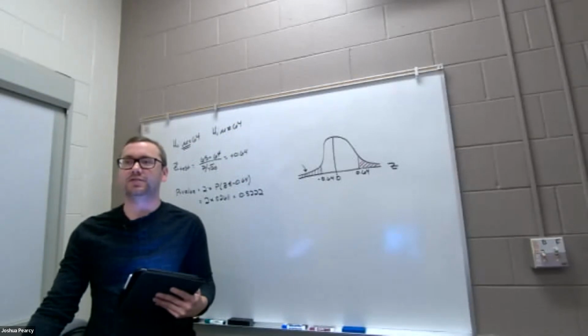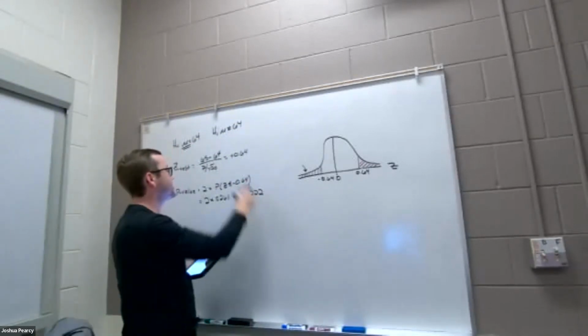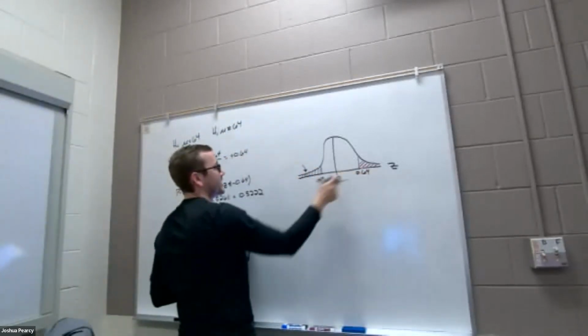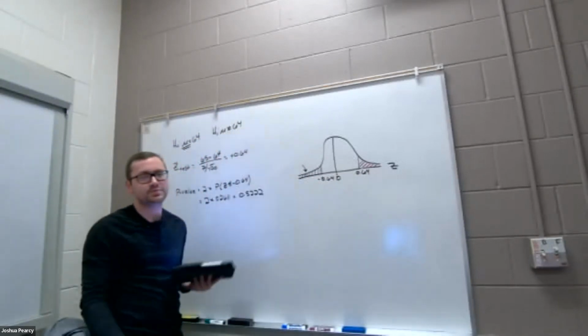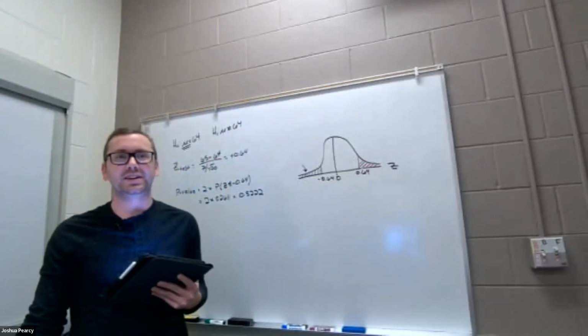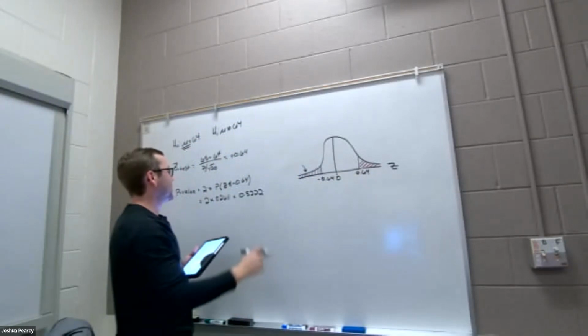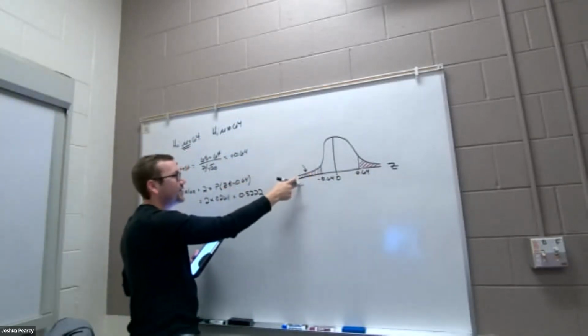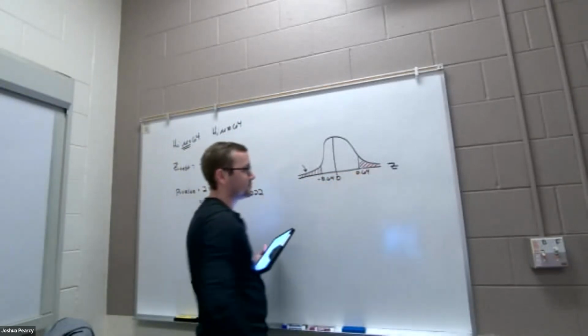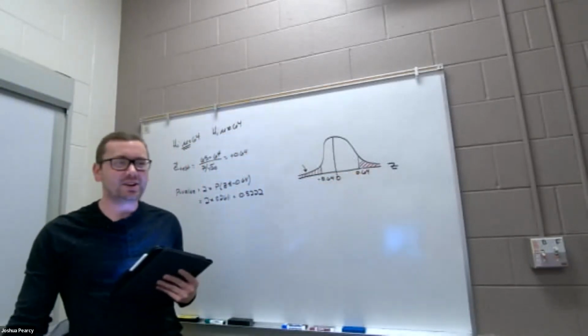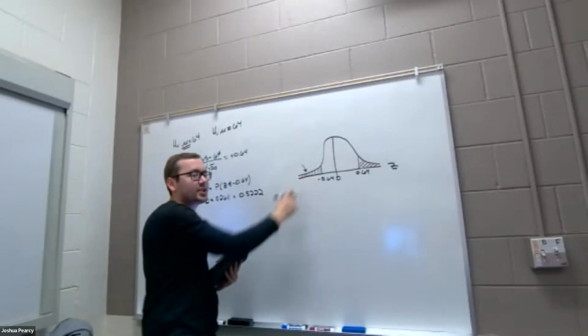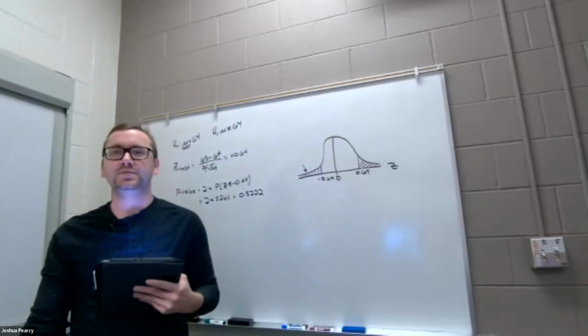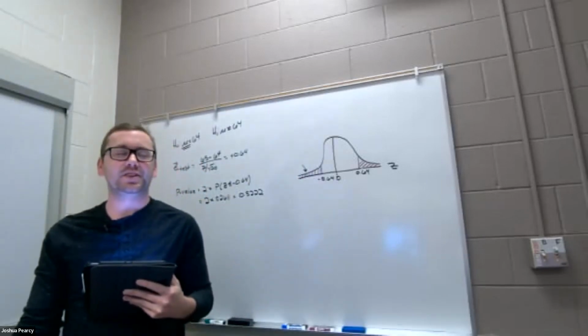So the p-value you can find by doing the same thing. Look at the area to the right of this and look at the area to the left of the negative of it. So the idea here is still the same. Look at the area to the left of this negative test statistic here and the area to the right of the positive one. Easiest way to find the area of those two is just take this area here and multiply it by 2. And that's how you find the p-value for a two-tailed test.